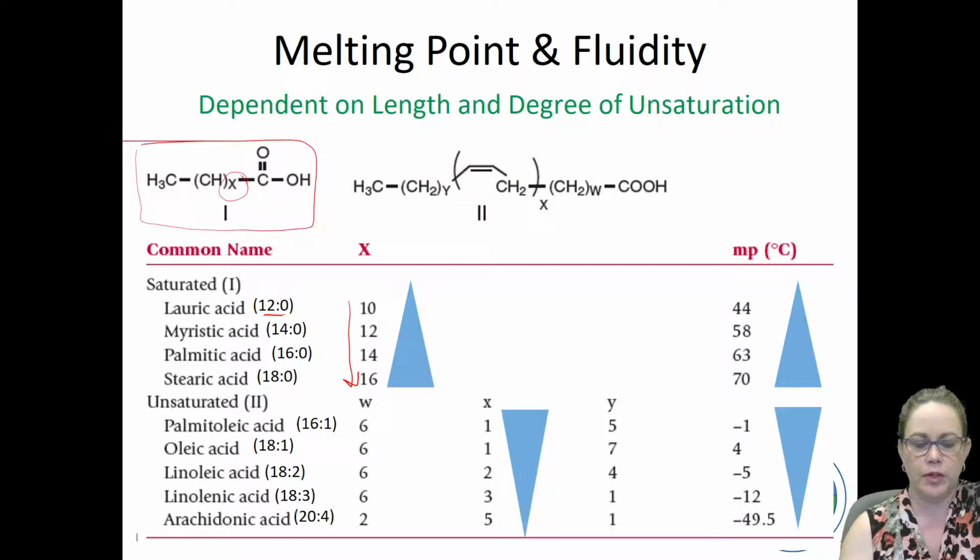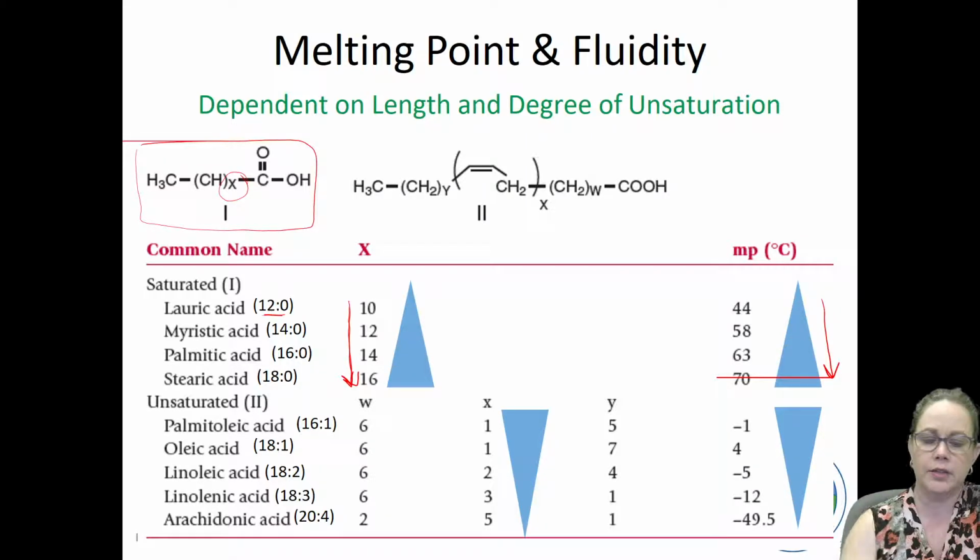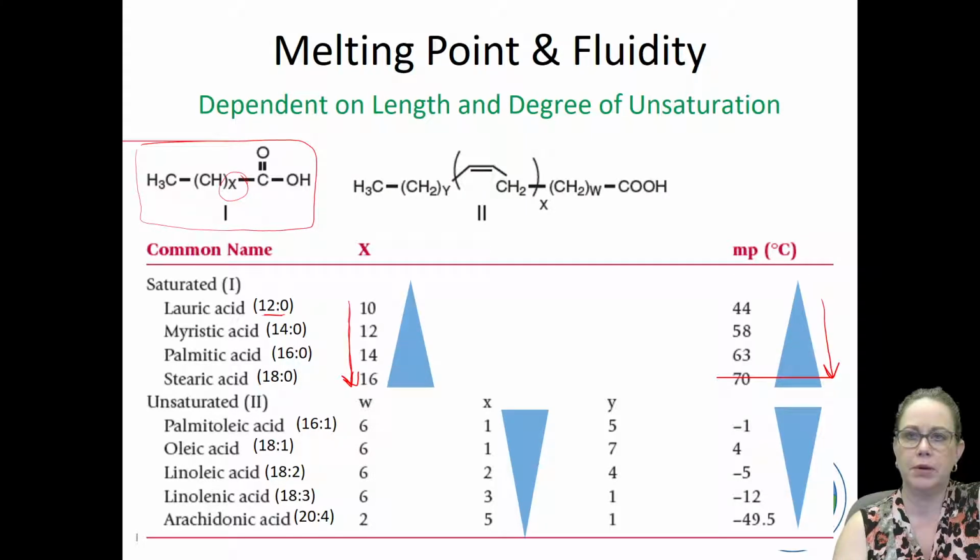So looking at simply a saturated fatty acid, as we increase the length of that fatty acid chain, we're also seeing an increase in our melting point. So melting point is dependent on the length of the fatty acid. Remember, that would oppose your membrane fluidity. So lauric acid would have your highest degree of membrane fluidity, and stearic acid would have the lowest membrane fluidity.